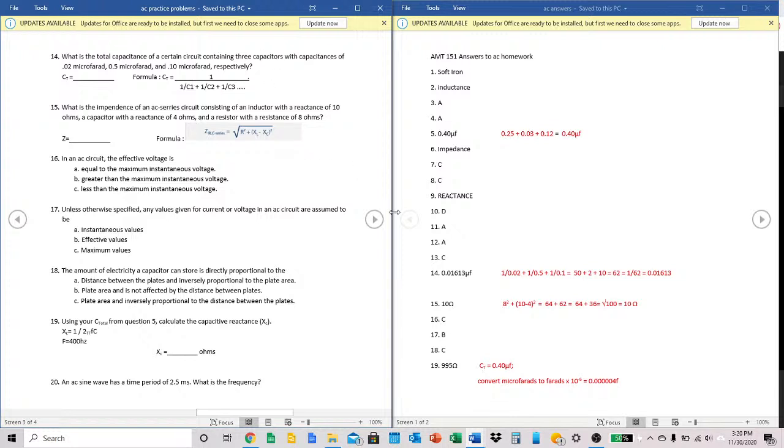So over here I wrote the explanation, beginning with your fractions: 1 over your capacitances, 1 over 0.02 plus 1 over 0.5 plus 1 over 0.1. 1 over 0.02 equals 50, you divide that out. 1 over 0.5 gives us 2.